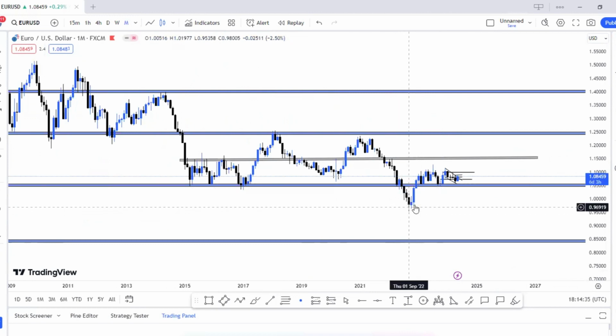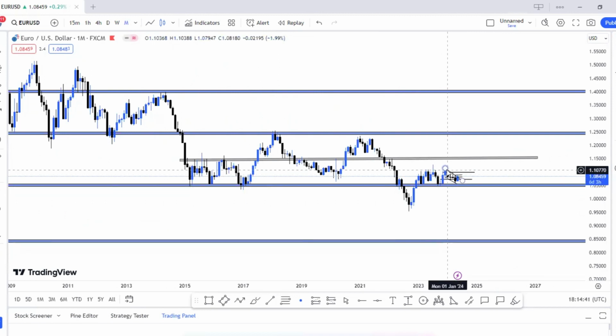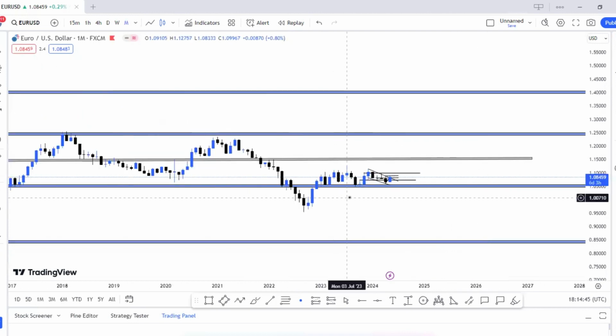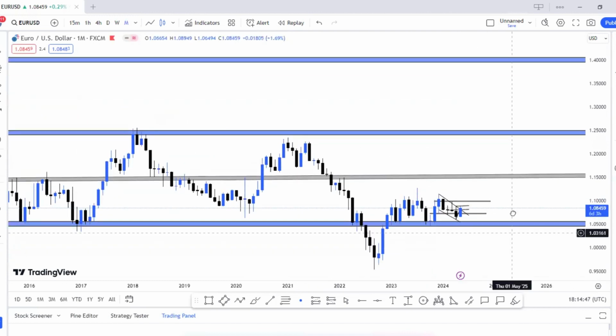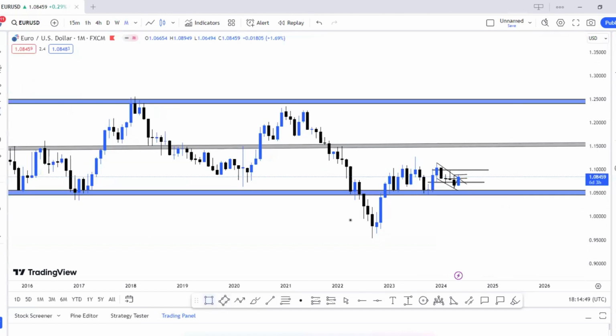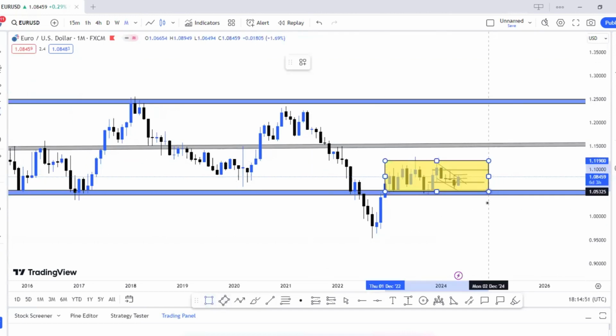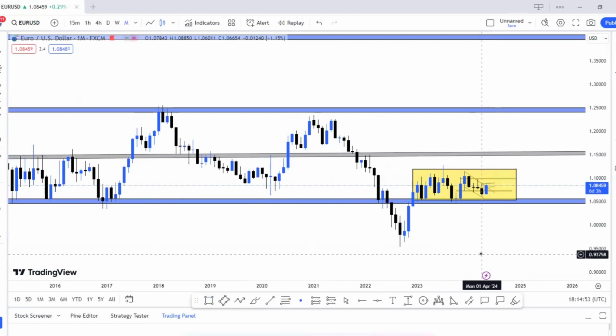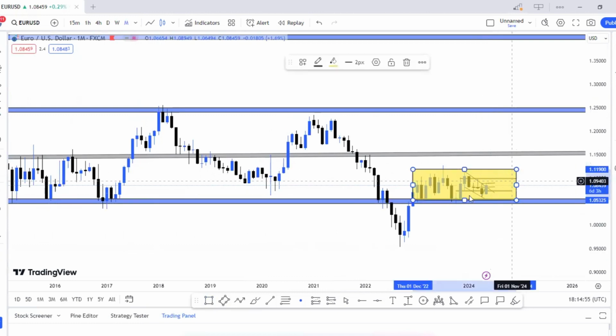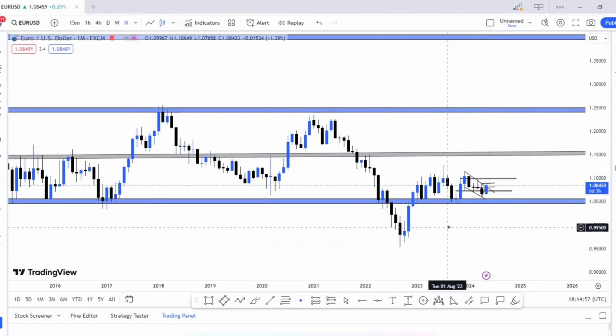Price traded back into this support level, did a very good retest, and then looks like we want to break higher. But at this point on the monthly time frame, this looks more like a range because it's not showing us direction. But when we scale lower, we'll be able to see what the market is actually trying to do.